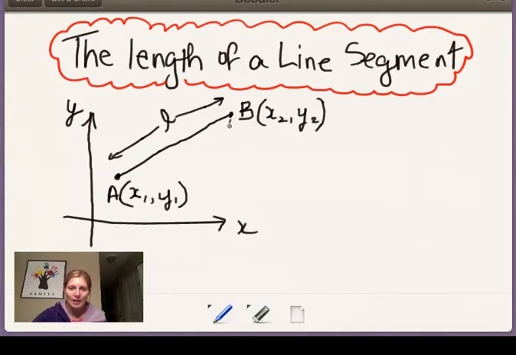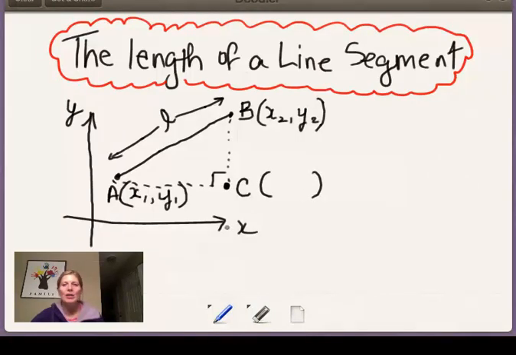Let's drop a perpendicular down here from B and over here to A, so that we form a right angle triangle, just like we did in class. And we're going to form a new point here, and we're going to call that new point C. Now let's take a look at what the coordinates of C are. We could call it x3, y3, but actually C is already related to some of the points that we know here.